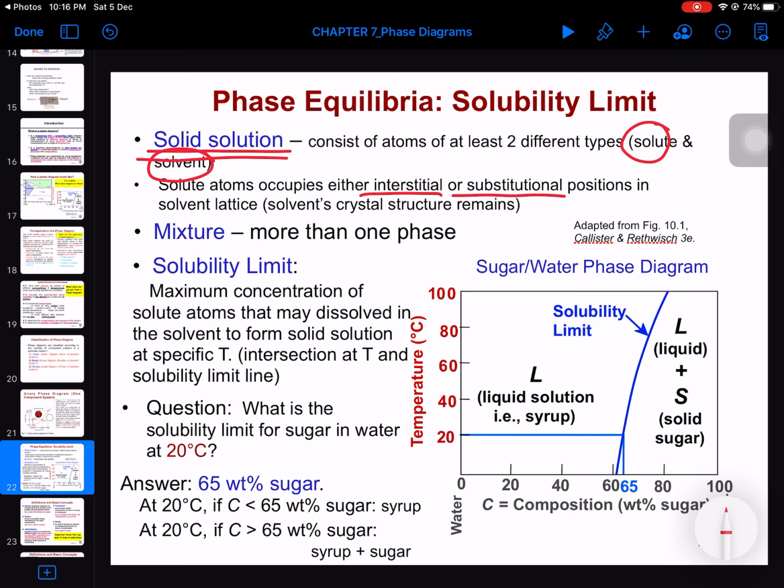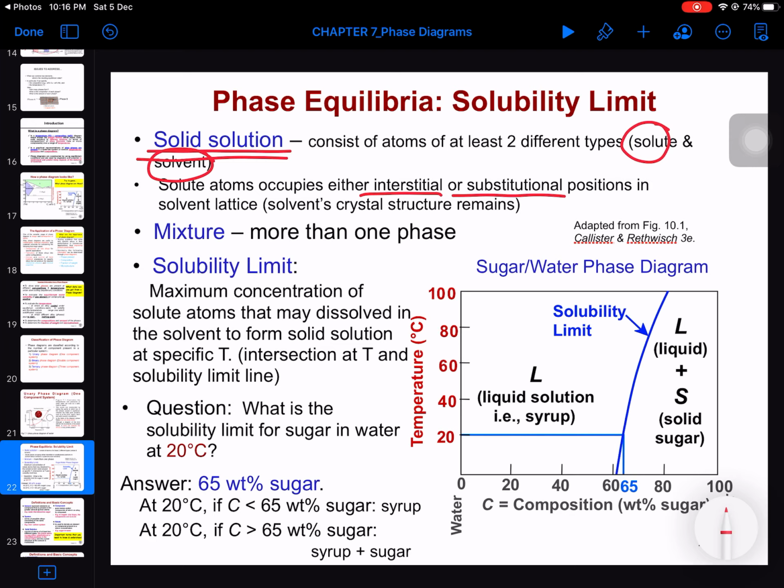If you look at the phase diagram at the bottom right corner of the slide, the question is: what is the solubility limit for sugar in water at 20 degrees centigrade? We know that the y-axis refers to the temperature and the x-axis refers to the composition, which is the weight percentage of sugar.